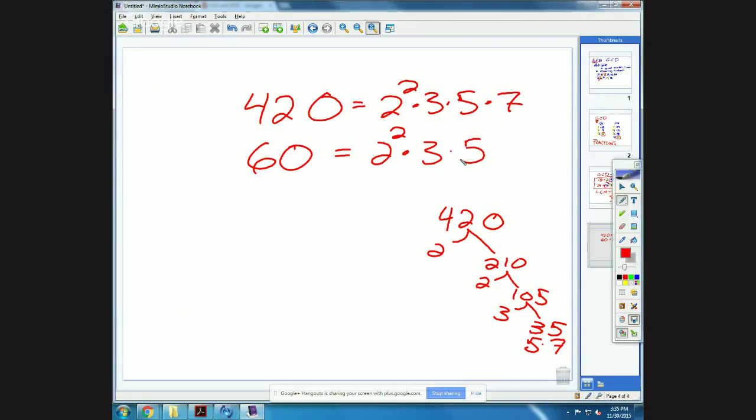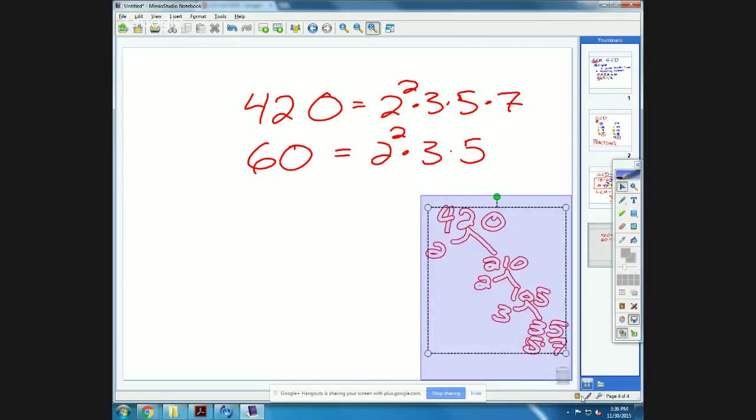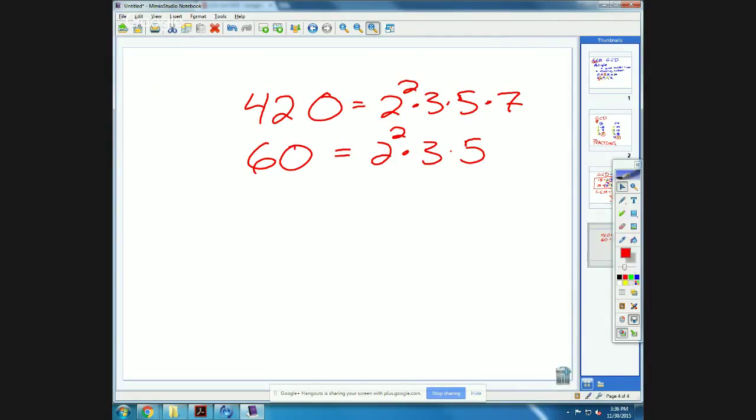Should look something like that. 420 is 2 squared times 3 times 5 times 7. Excuse me, 60 is 2 squared times 3 times 5. All right, so I'm going to move my factor tree out of the way. Let's go for the GCD first.